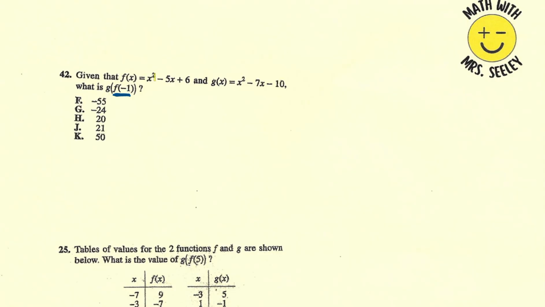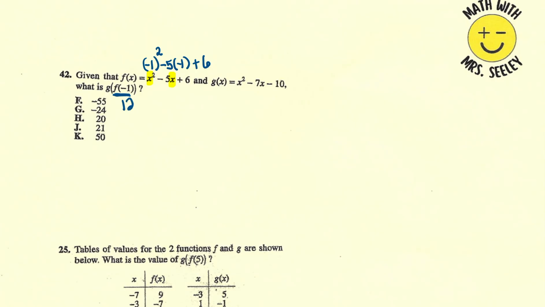So I'm going to go to the f function, and everywhere there's an x, I'm going to put in a -1. So (-1), remember we said the parentheses is important if you're doing it on the calculator, times 5 times (-1) plus 6. And when I do that right there, I'm going to get 12.